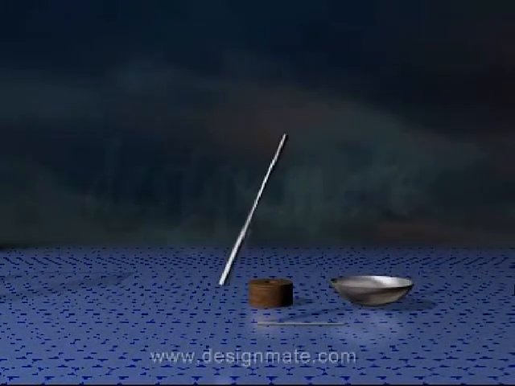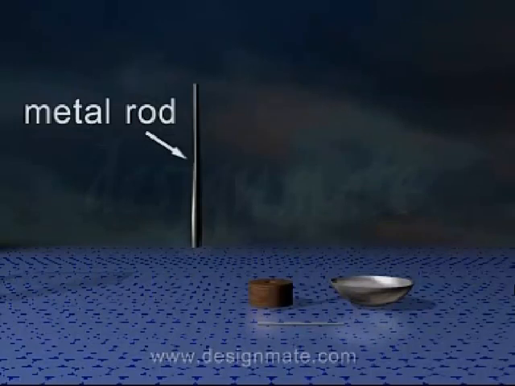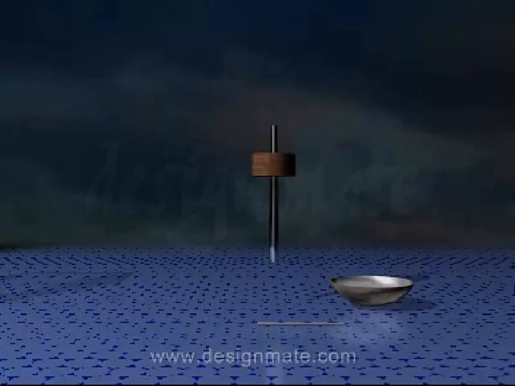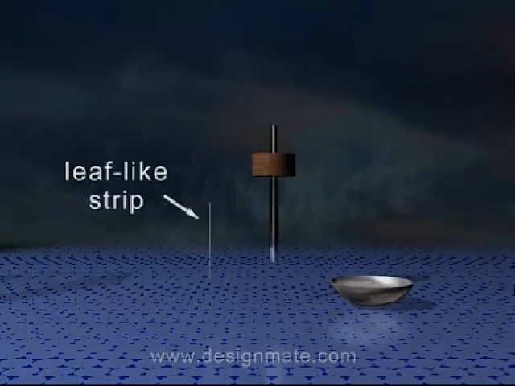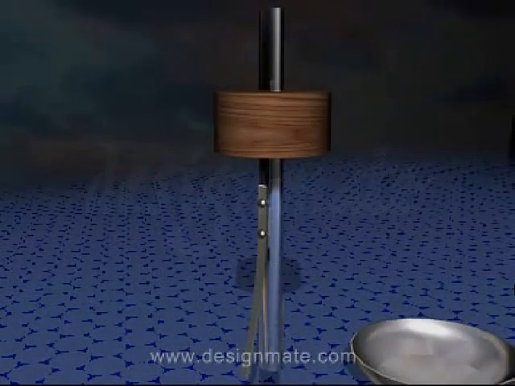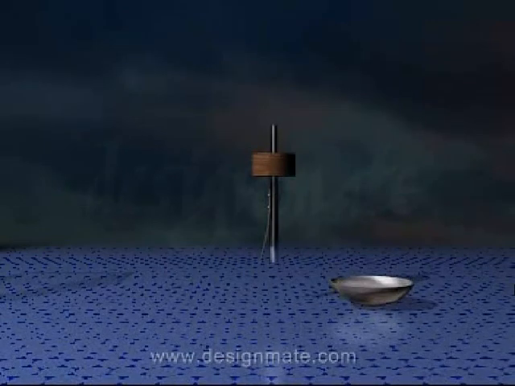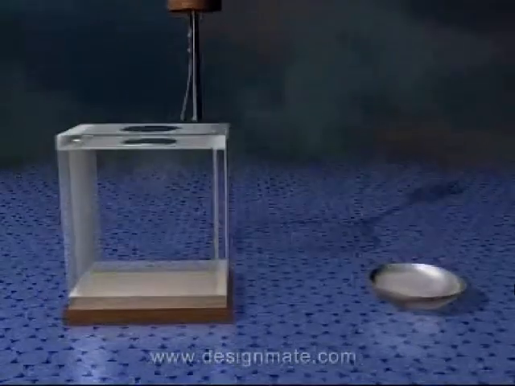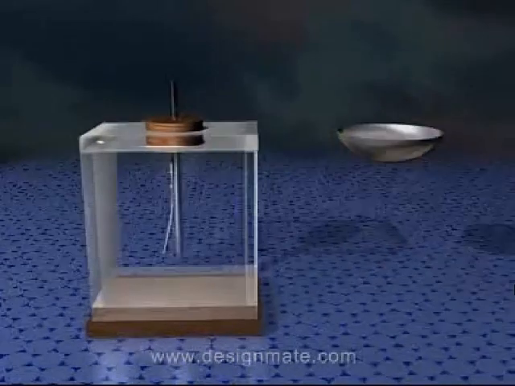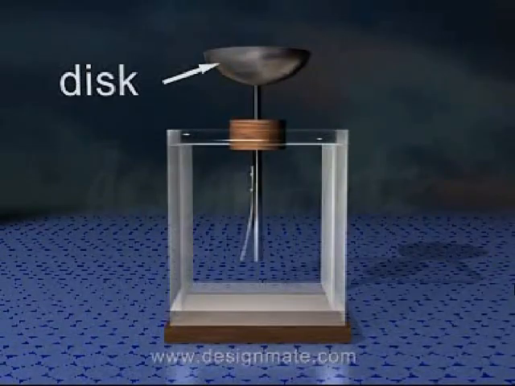A metal rod is passed through an insulated tube through a non-conducting cork. At the lower end of the metal rod, a thin leaf-like strip of the metal is attached to it and kept in a glass case. At the upper end of the rod, a horizontal disc of the metal is attached.